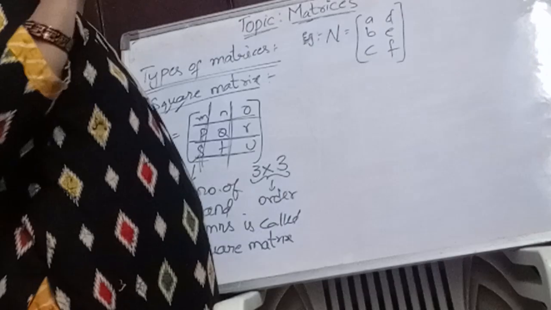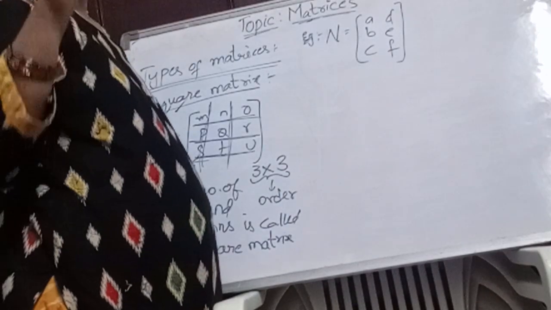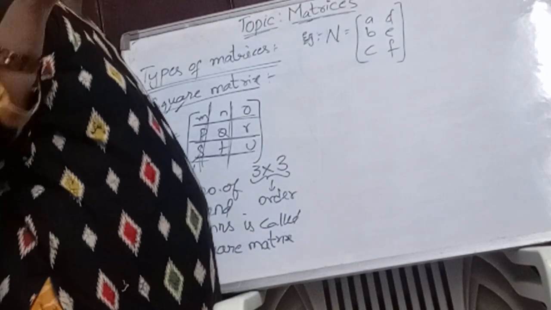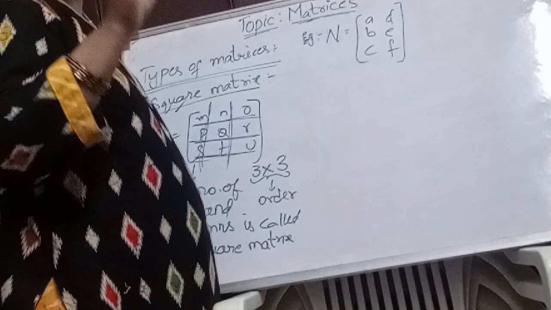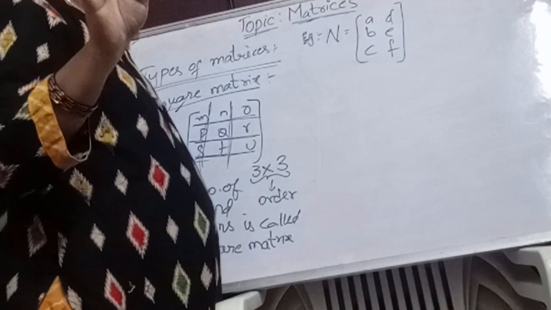Take this example. How many rows are there? First identify the number of rows and columns. Whenever you get a matrix, first observe the number of rows and columns. It's an important point.